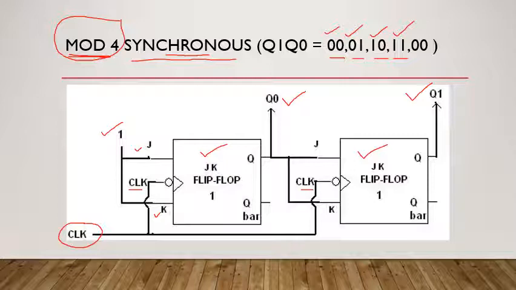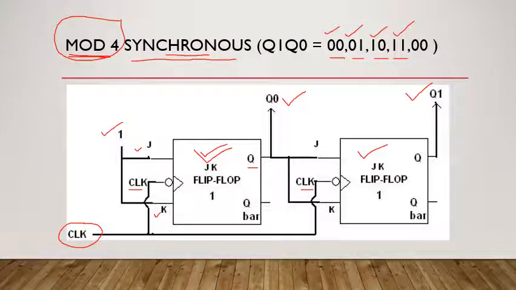As you can see from the truth table of the JK flip-flop, when J and K both are 1, then the output gets toggled. That is, Qn plus 1 will become Qn bar. If it was 0, then after the clock pulse it will become 1. If it was 1, then after the clock pulse it would become 0. So this is the way in which this first flip-flop is working.